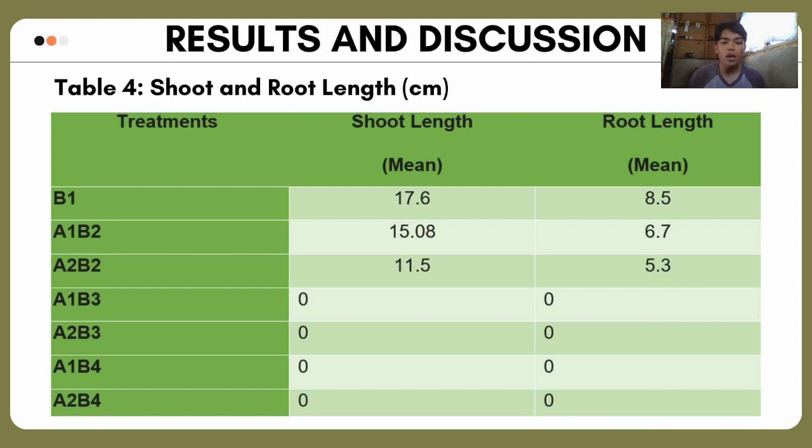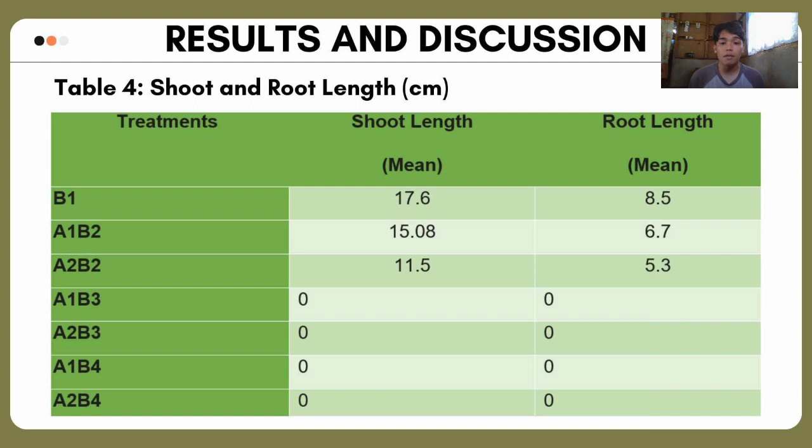So treatments A1B3, A2B3, A1B4, and A2B4 displayed no shoot or root growth, since in these treatments no seedlings potentially emerged. The root lengths follow a similar trend, with treatment B1 exhibiting the longest mean root length of 8.5 centimeters.